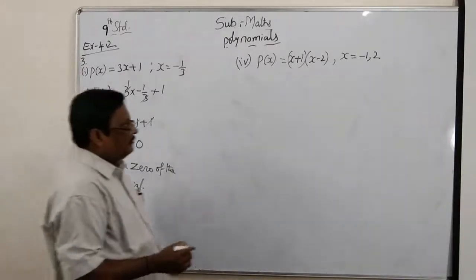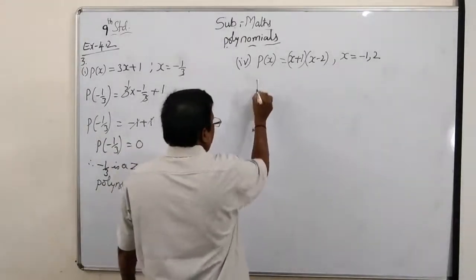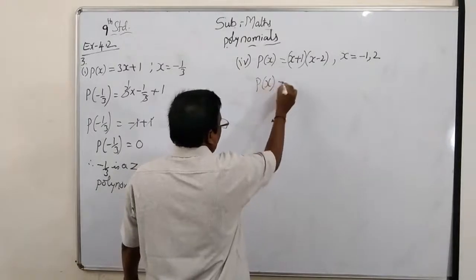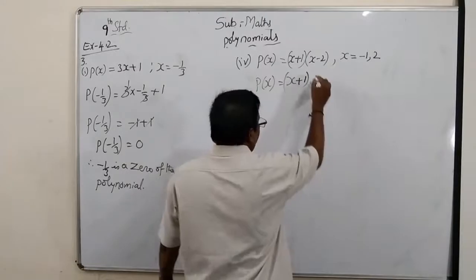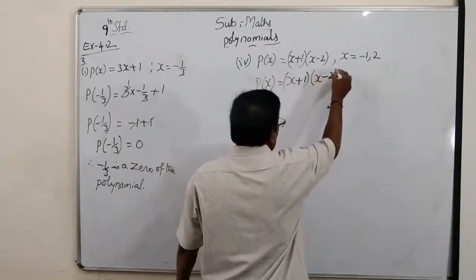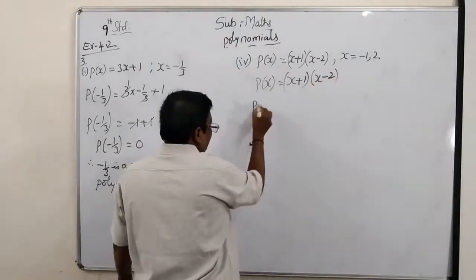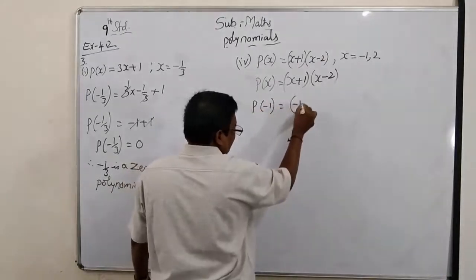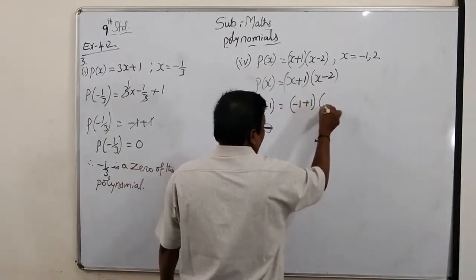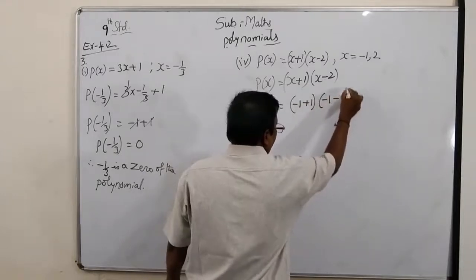Next, p of x is equal to x plus 1 into x minus 2. First calculate p of minus 1, which is minus 1 plus 1 into minus 1 minus 2.